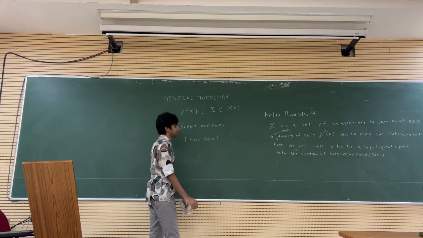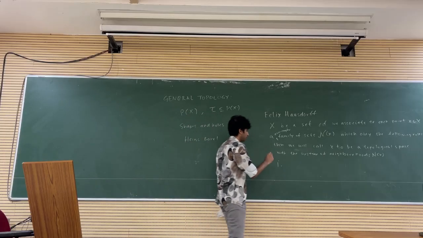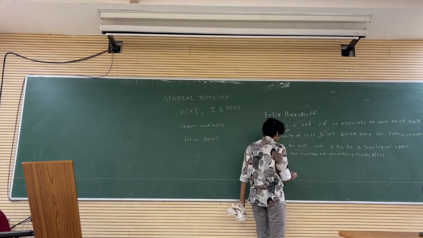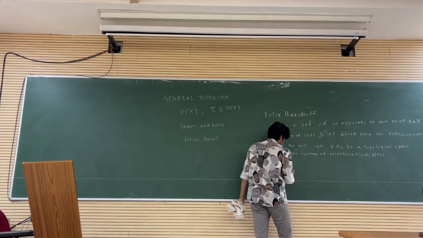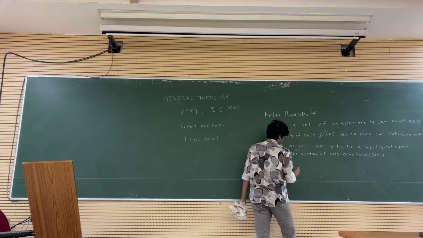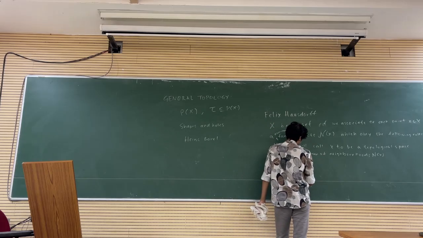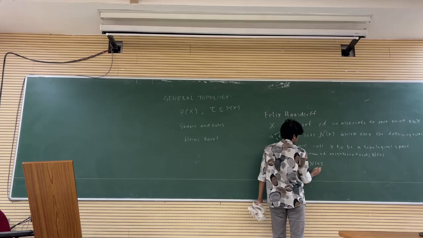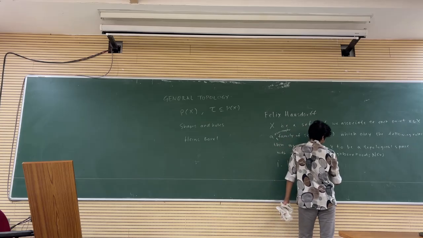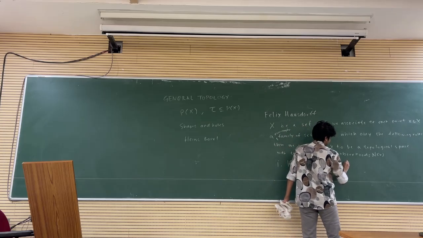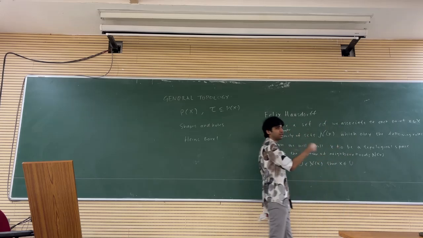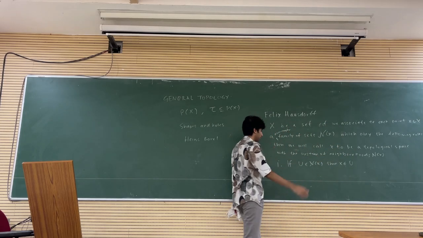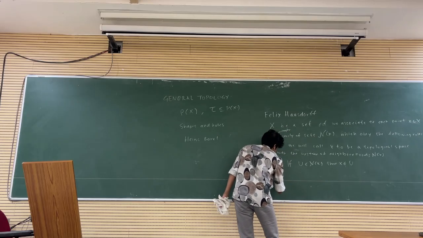So now the rules which he chose, which I'll justify. First is that if U lies in N_x, then x belongs to U. Obviously the locality has to contain the point about which it is defined.